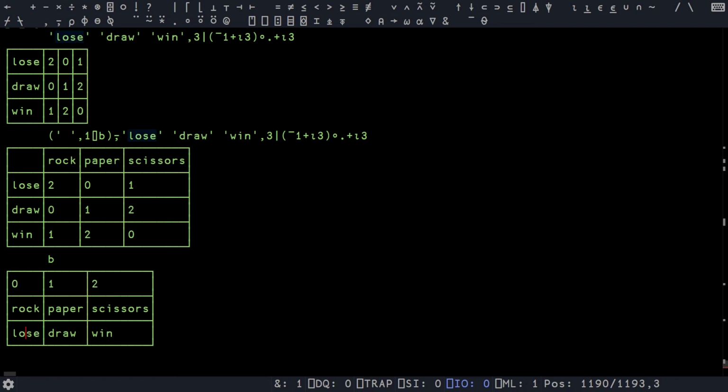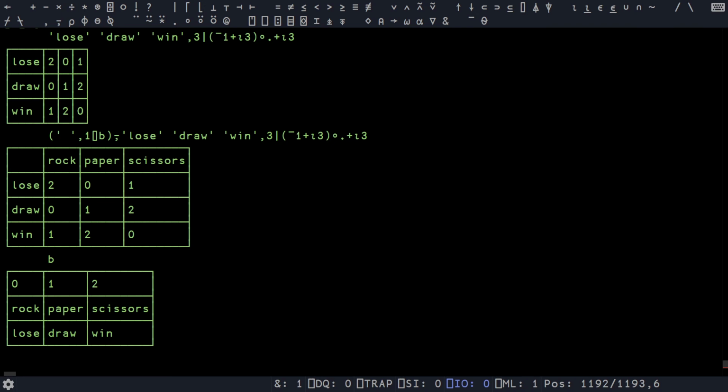We don't want lose to be 0, we want it to be 2. And we don't want wins to be 2, we want them to be 1. So we're just subtracting 1 from our values in order to get the match results. Hopefully that makes sense, but I think this table is pretty descriptive.